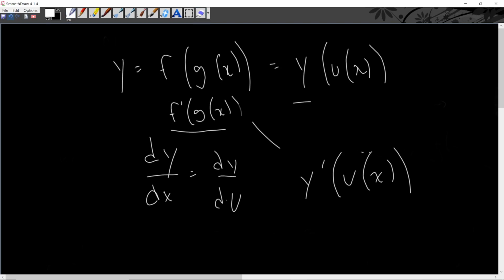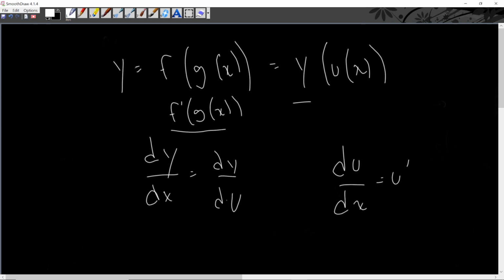So from here, we have u prime x, which looks a lot more similar. We have the derivative of u with respect to x is equal to u prime x.